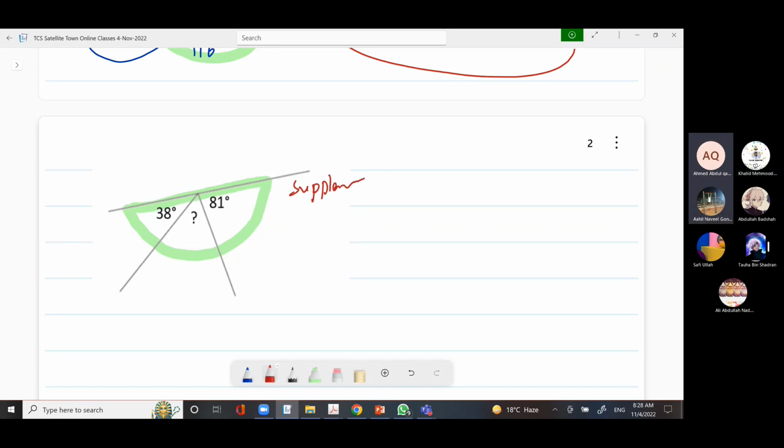Yes, supplementary angle means there are many angles, but we'll be adding the rest of the numbers, 81 and 38, and adding 51. So it becomes how much? 129.